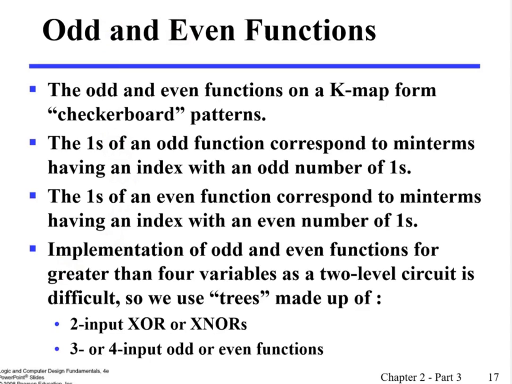Implementation of odd and even functions for more than 4 variables as a two-level circuit is difficult. Therefore, we use trees made up of 2-input XOR and XNORs, or 3 or 4 input odd or even functions.